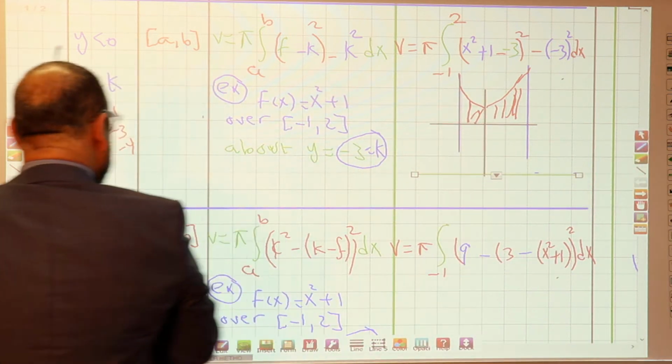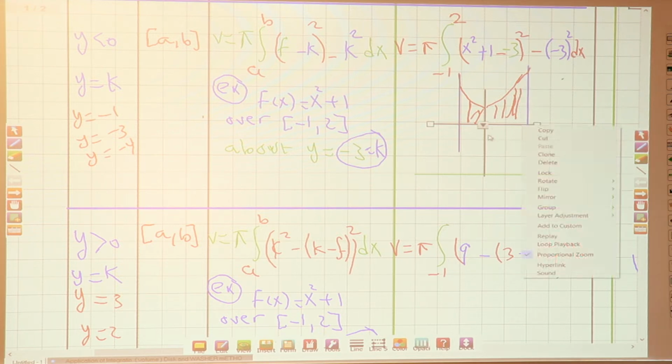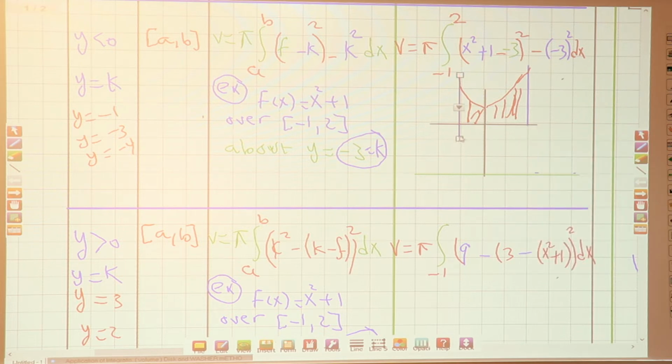Then I need to revolve this area, only this area, between this curve and x equals 0, y equals 0, about this line here.